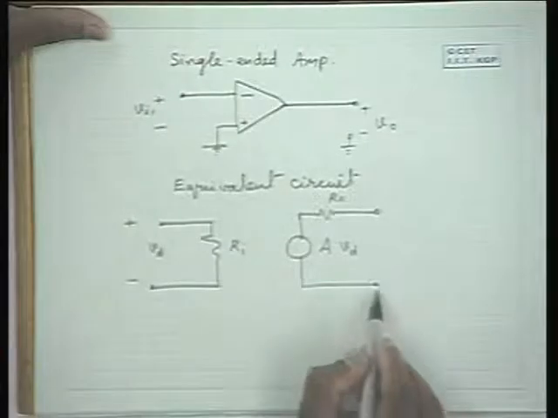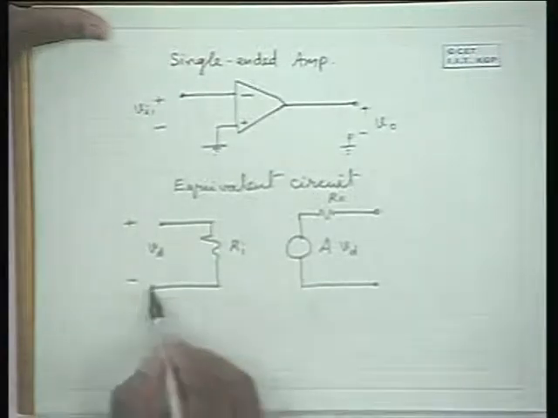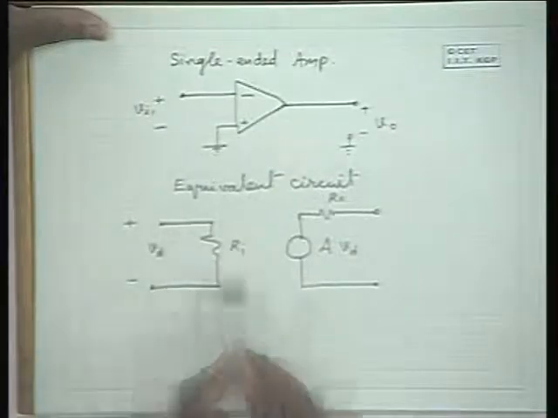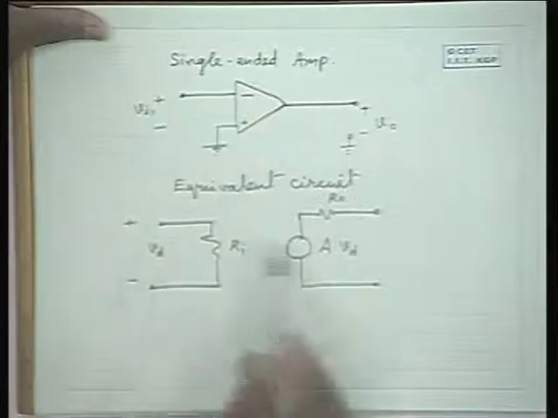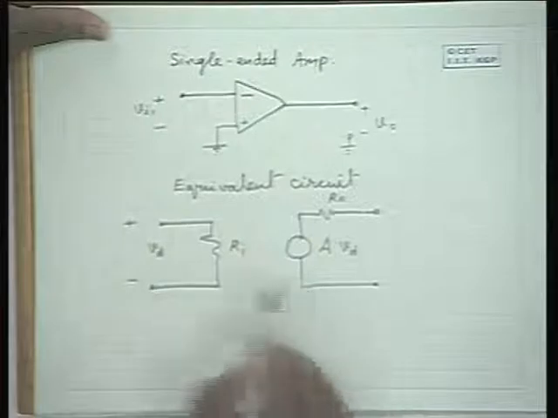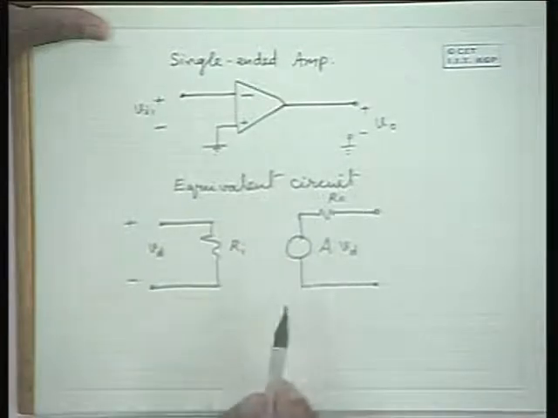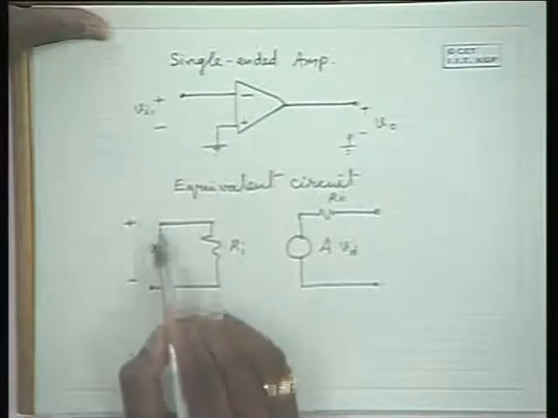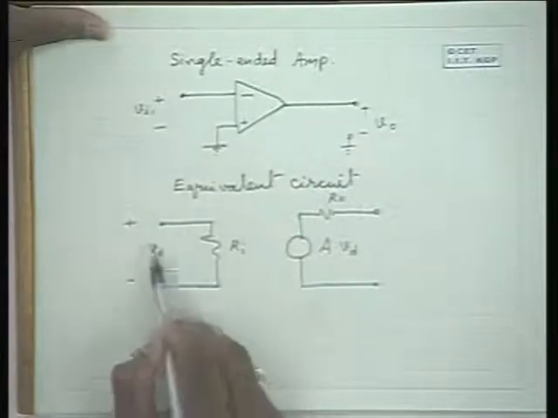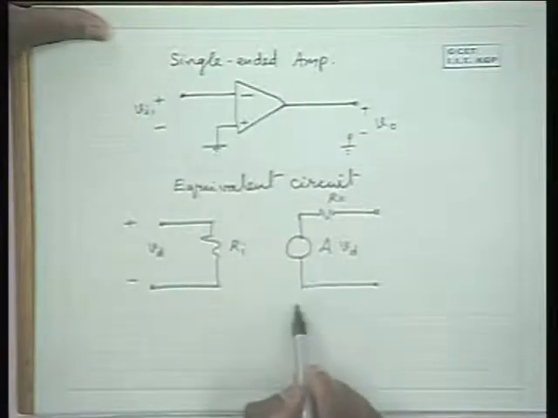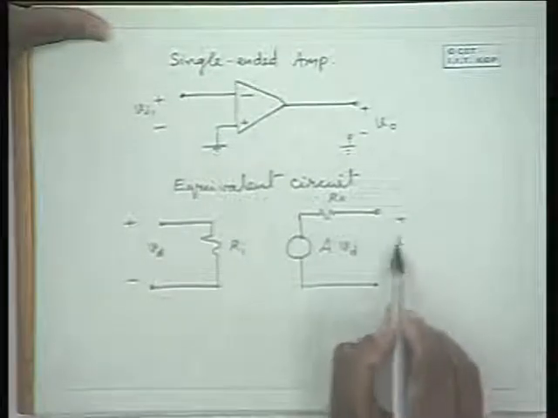If you ground one of these terminals here and ground this terminal, then there is a common reference between the output and input, and it acts like a single ended amplifier. Otherwise, these two are isolated. But if you are using it in the differential configuration and apply a difference signal here, you can ground one of the output terminals and tap the output signal.